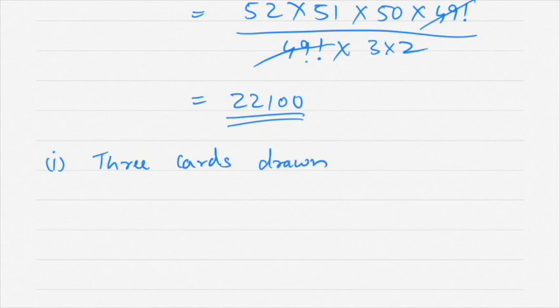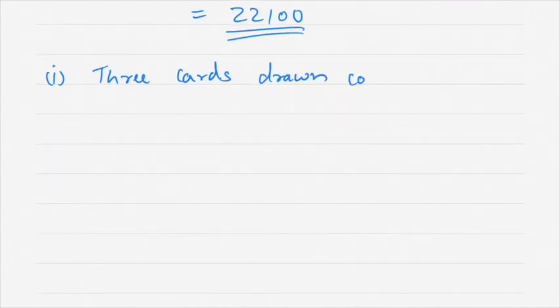Three cards drawn contains 2 kings and 1 ace. In one pack of cards, how many kings are there? There are 4 kings. So out of 4 kings, 2 are getting selected. And how many ace cards are there? There are 4 aces, right?